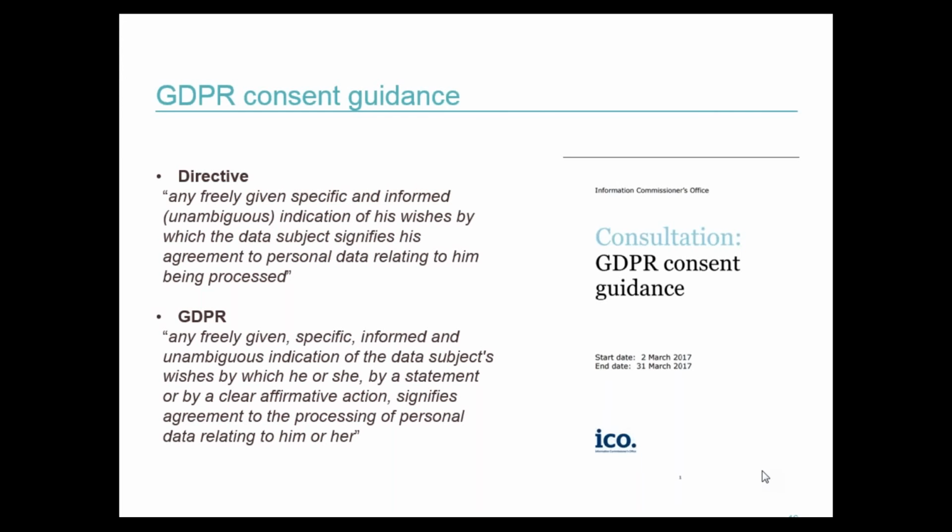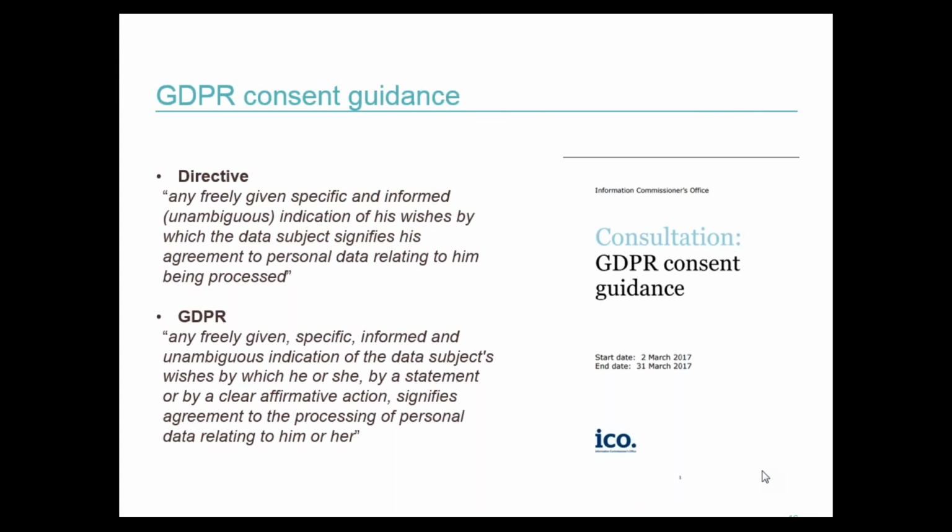So the ICO considers that the affirmative action element of the consent definition will allow for certain situations where consent is obtained and it may look like implied consent, but in fact it will be supported by a clear affirmative action. As an example here, the ICO quotes, for example, when someone drops their business card into a price draw box, or if someone submits a survey.